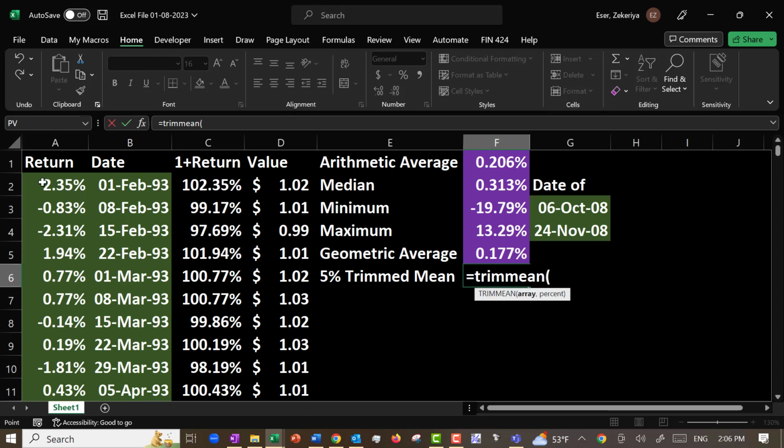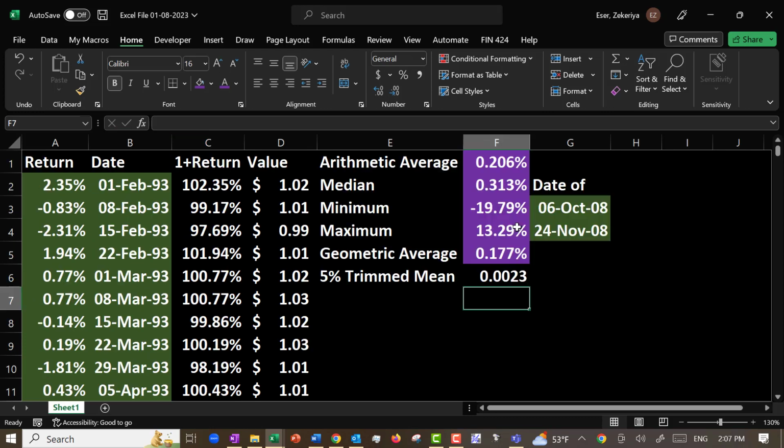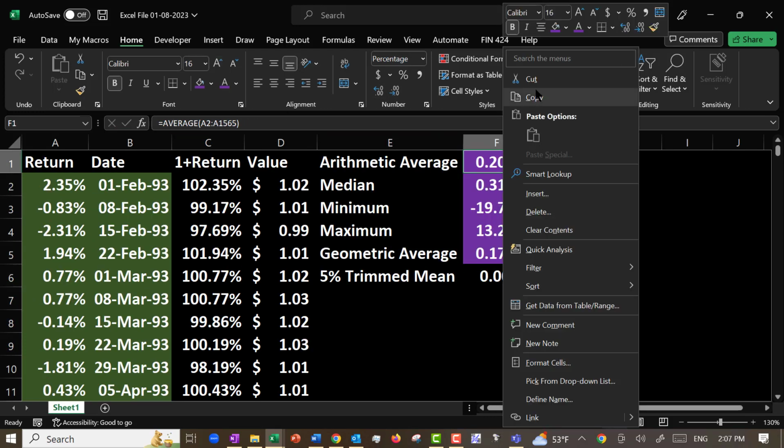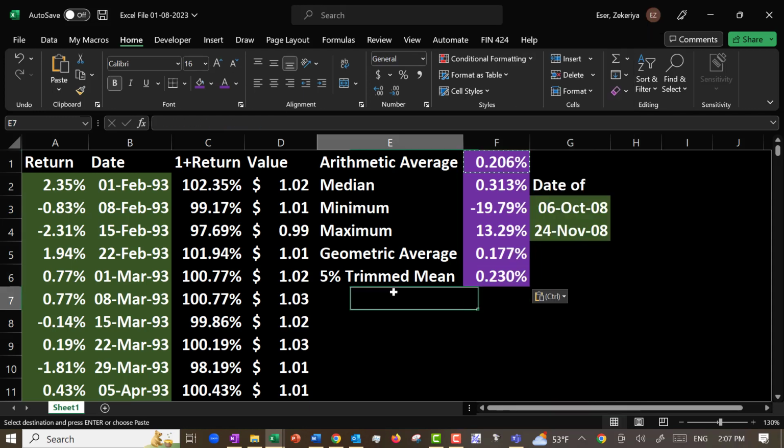You're going to pick your data. But there is a second argument. That argument is what percent is to be trimmed. Just type 5%. We can make the amount of trimming an input as well.